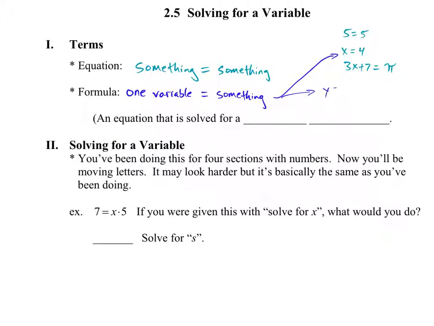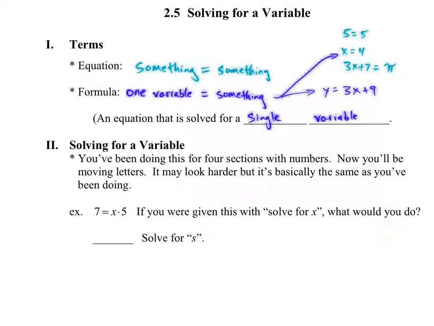You could have a y equals 3x plus 9 or something like that. Those two are both going to be formulas because it's just a single variable equals something. Technically, a formula is just an equation that is solved for a single variable. And we're going to be solving for single variables today, like it's our job.